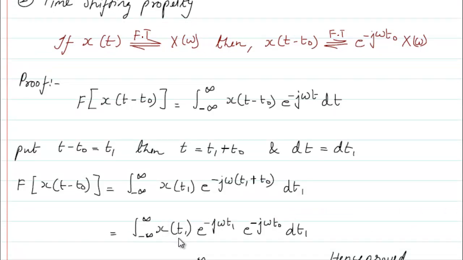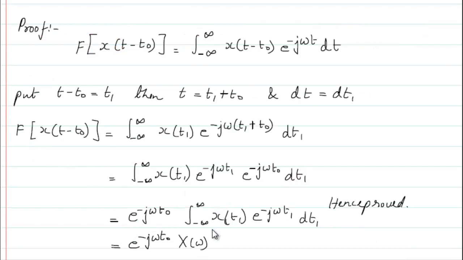So with that I will get the integral from minus infinity to infinity. I will split them into two parts, out of which this part is not related with respect to t1 because it's t naught, so this I can take out completely. When I take that out, I will get e raised to power minus j omega t naught outside.